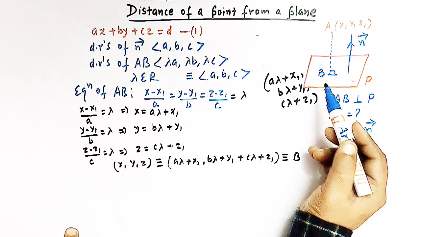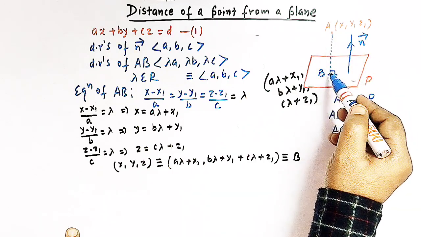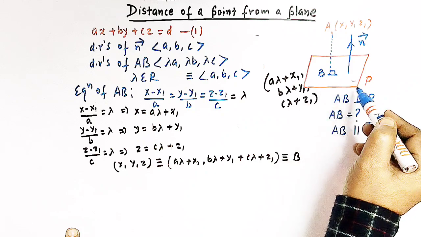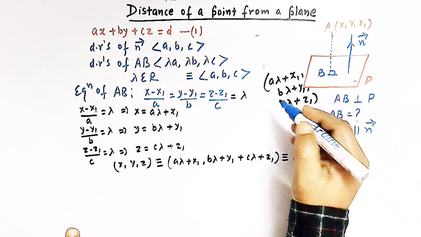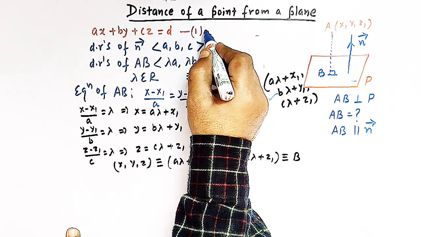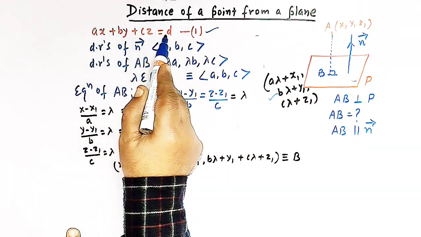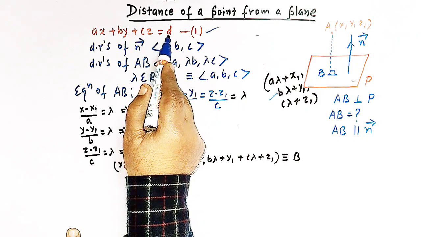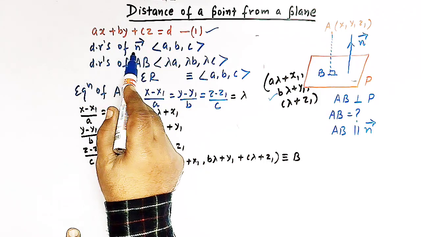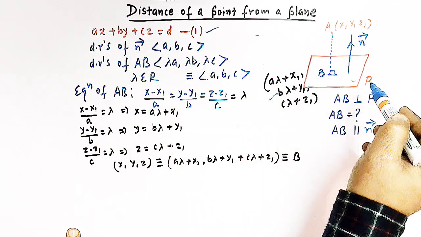So now see here, this point B lies on this line AB, and this point B also lies on this plane P, right? So therefore, this coordinate must satisfy the equation of the plane, which is ax plus by plus cz is equal to d, right? And a, b, c represents the direction ratios of the normal to this plane P, right?